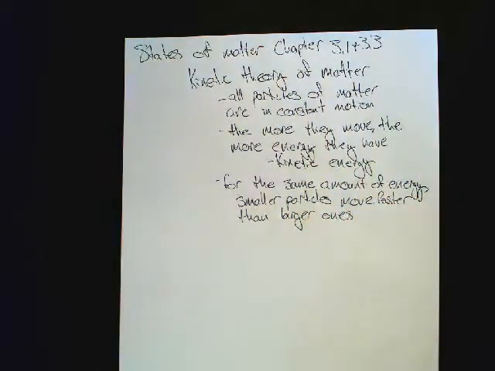So if we're looking at two objects, how can we tell which object would have more energy? Yeah. Okay, not necessarily by size. That would help us with determining, for size of particles, how fast they're moving.